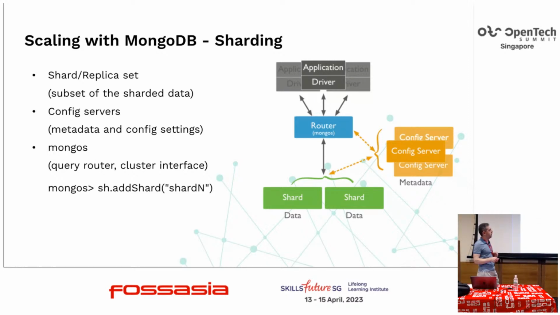And there is a MongoDB router, or the MongoS, that is basically the interface between the application and the cluster. The router gets all the metadata from the config servers, and it routes the queries.